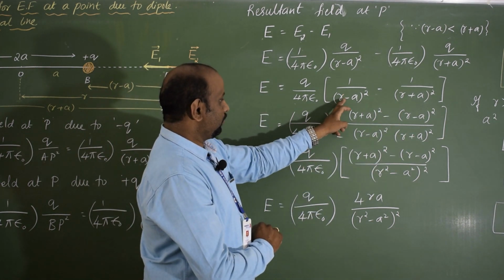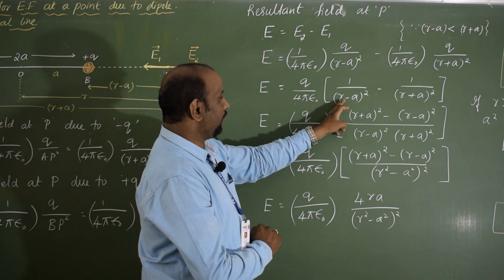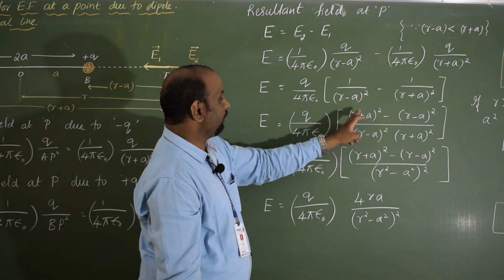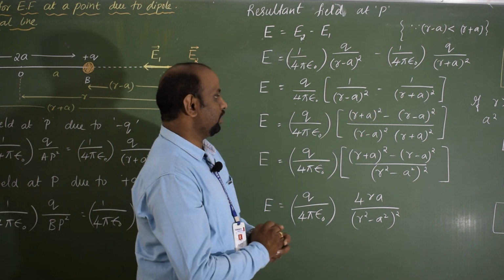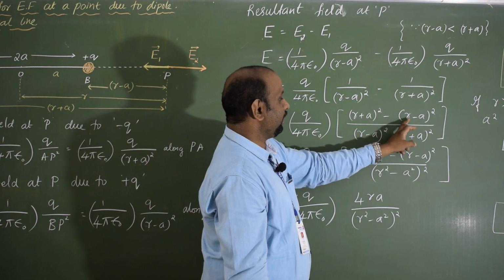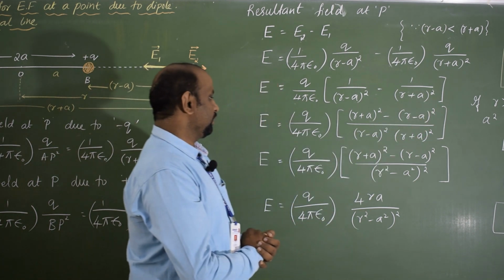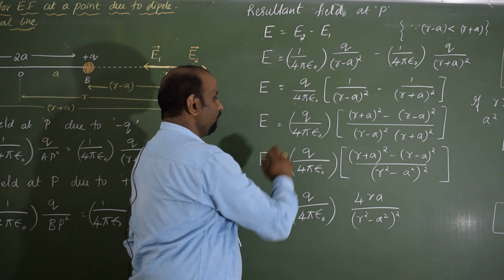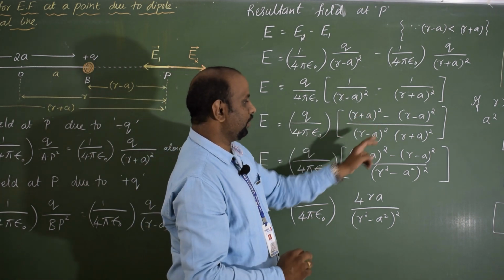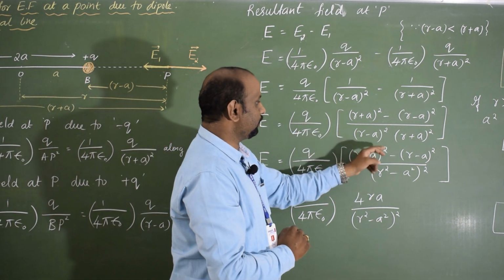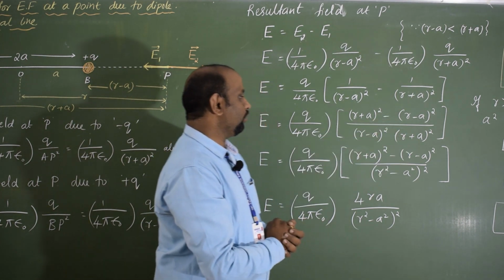For the term 1 divided by R minus A whole square, multiplied by the LCM, we get R plus A whole square. Similarly, for the other term, multiplied by the LCM, we get R minus A whole square. The next equation: E is equal to Q divided by 4 pi epsilon naught, R plus A whole square minus R minus A whole square, divided by R minus A whole square into R plus A whole square.